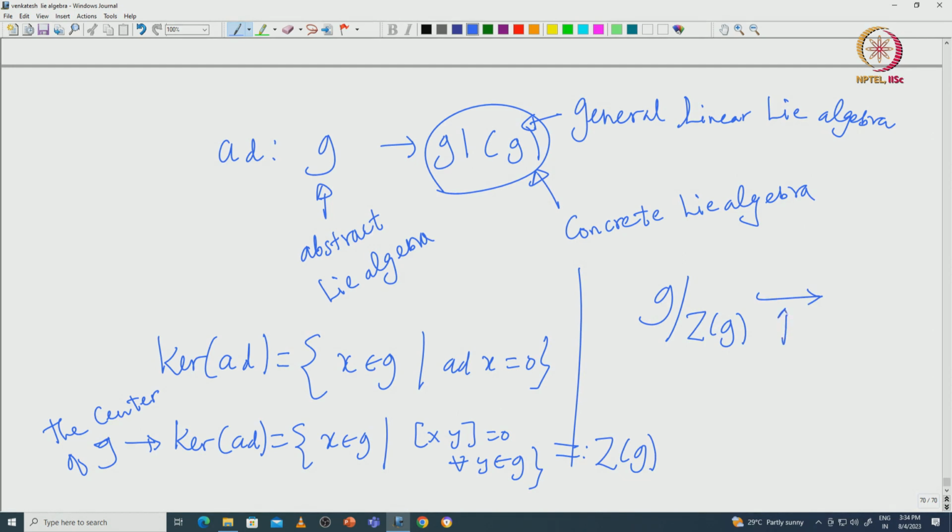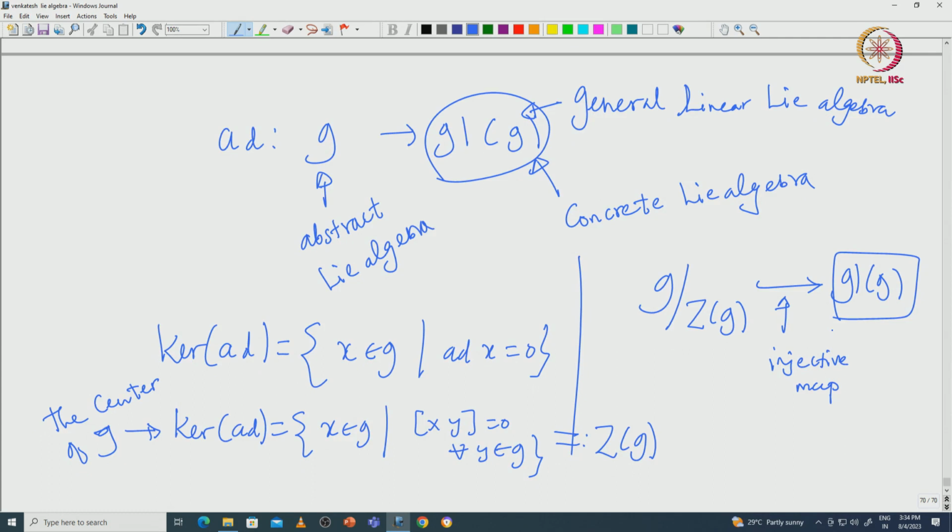This notation means injective map. So, modulo the center, you can embed any of these Lie algebras inside this general linear Lie algebra. But here we are actually talking about a very particular general linear Lie algebra.